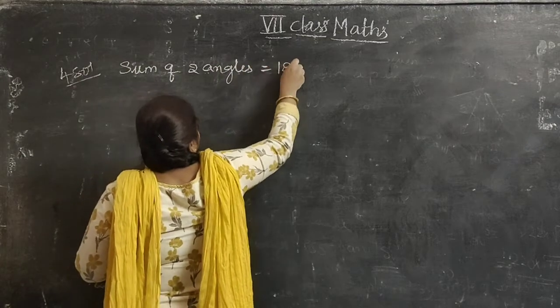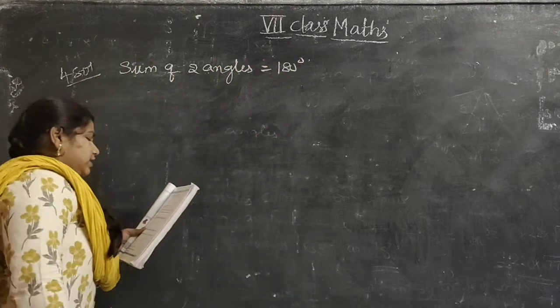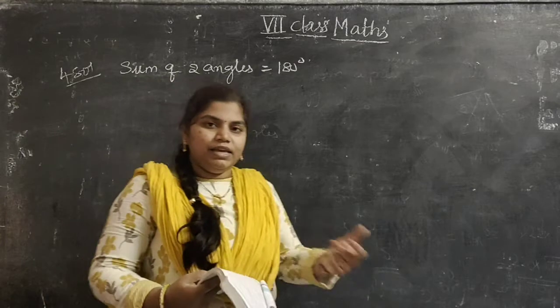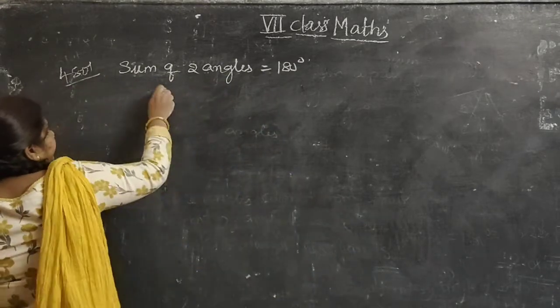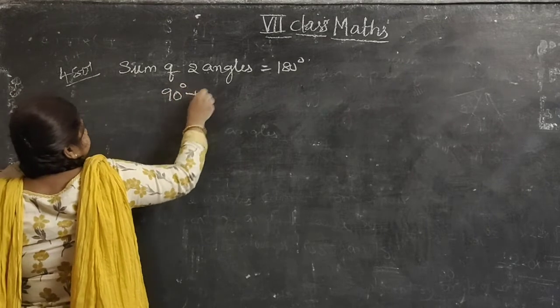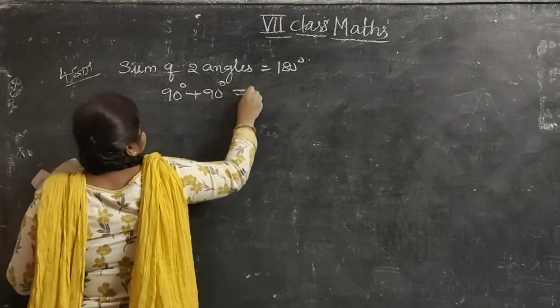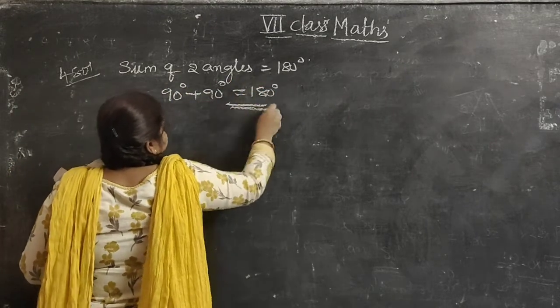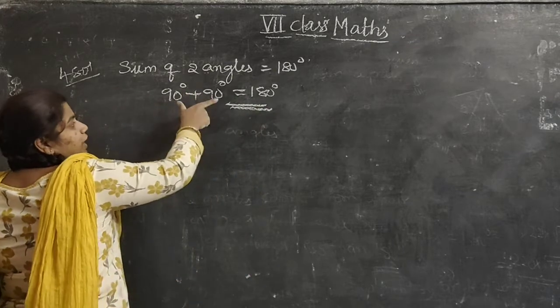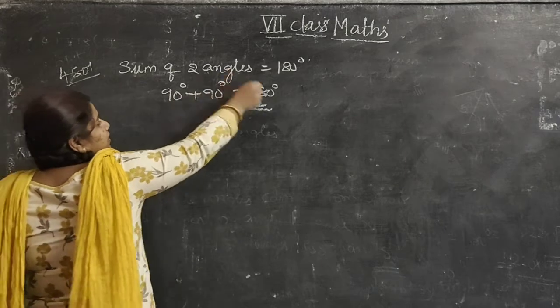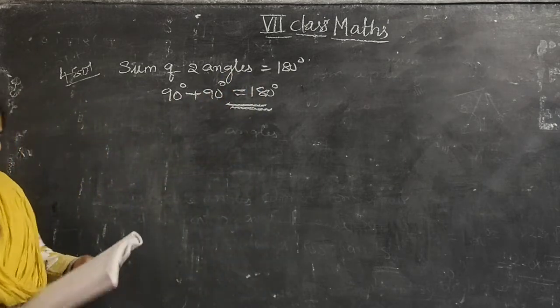They are asking for two angles that are equal to each other and also supplementary. So 90 degrees plus 90 degrees will be equal to 180 degrees. So these two are equal and also supplementary. If you add these two angles, that will be equal to 180 degrees.